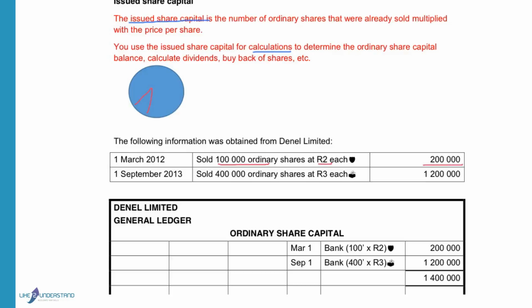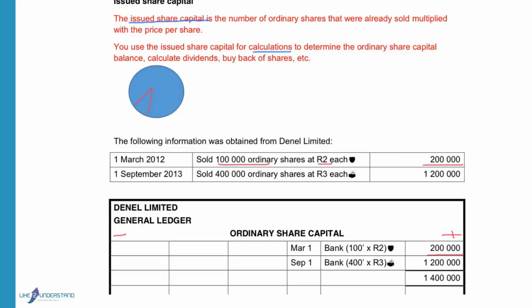So the ordinary share capital account was credited. So remember, capital is an equity. Equity increases on the credit side and decreases on the debit side. So ordinary share capital was credited with this 200,000 to show that the capital in this business is worth 200,000.